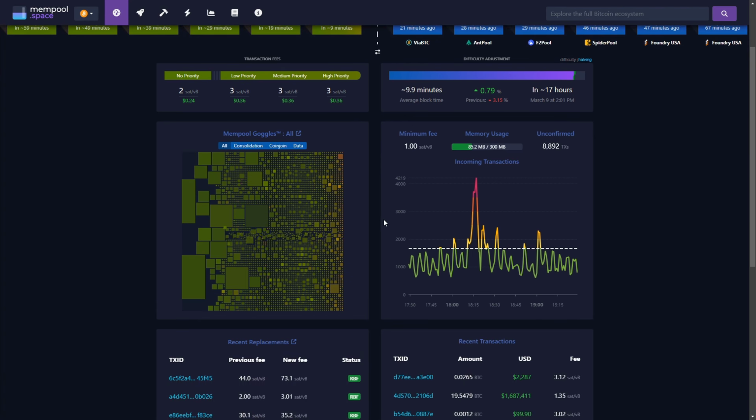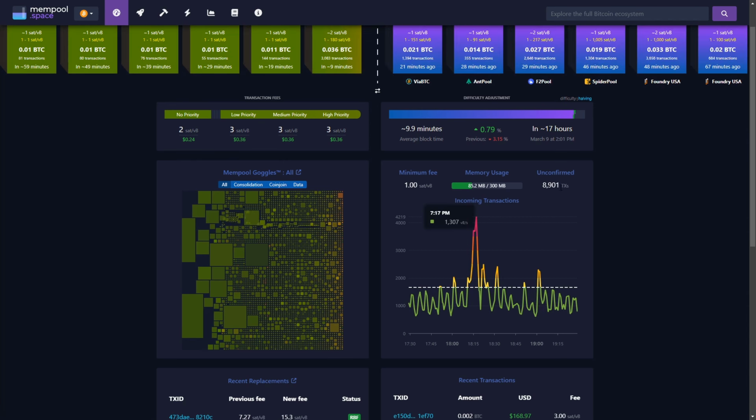Okay, so let's go to the next section, which is the memory usage. This is the amount of memory that is currently coming into the mempool. So right now, there's not many transactions coming through. It's pretty low.